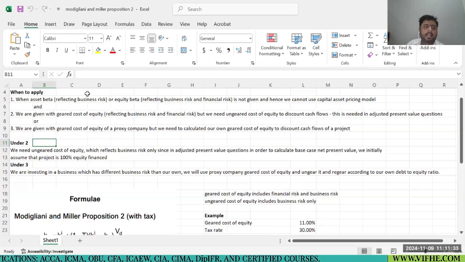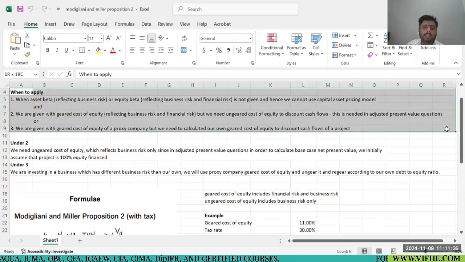So these are the conditions which will give you an idea about when you have to apply Modigliani and Miller's proposition. The concepts are the same as beta asset and beta equity. You all know beta asset reflects business risk, beta equity reflects business as well as financial risk. Likewise, geared cost of equity reflects business and financial risk both.